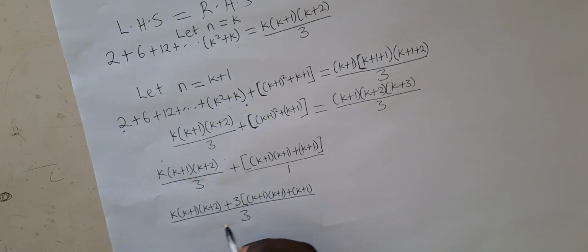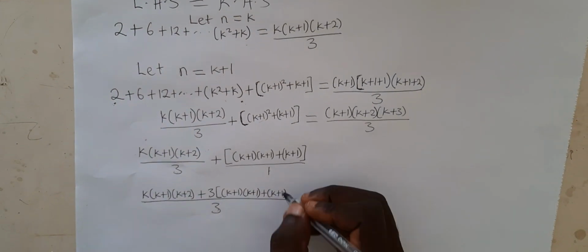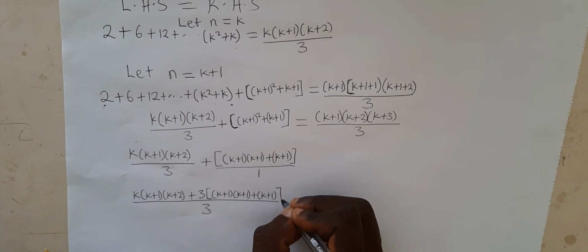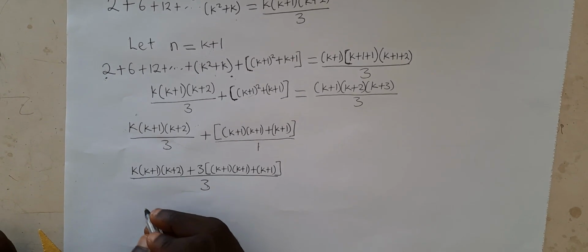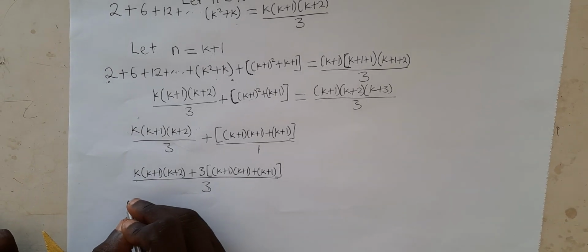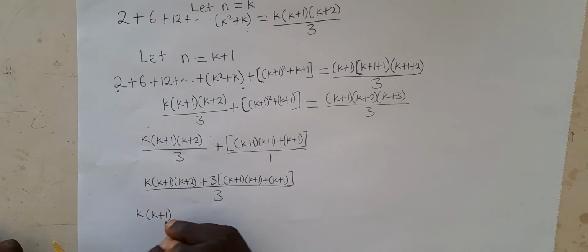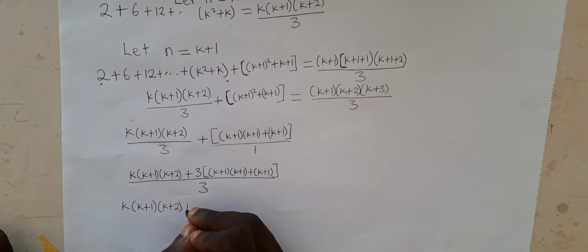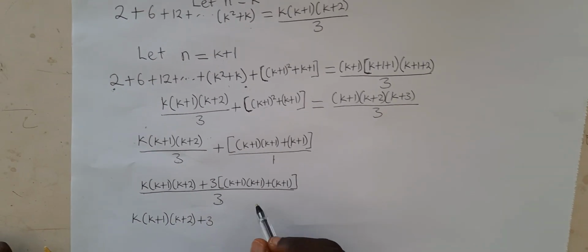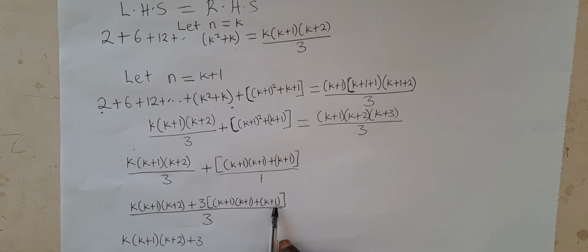Okay, so if you look at this very well, let me put the bigger bracket here. So here I have k into bracket k plus 1, under bracket k plus 2 plus 3. Now if you look at this and this, you see that k plus 1 is there, k plus 1 is there, so it's common in both.